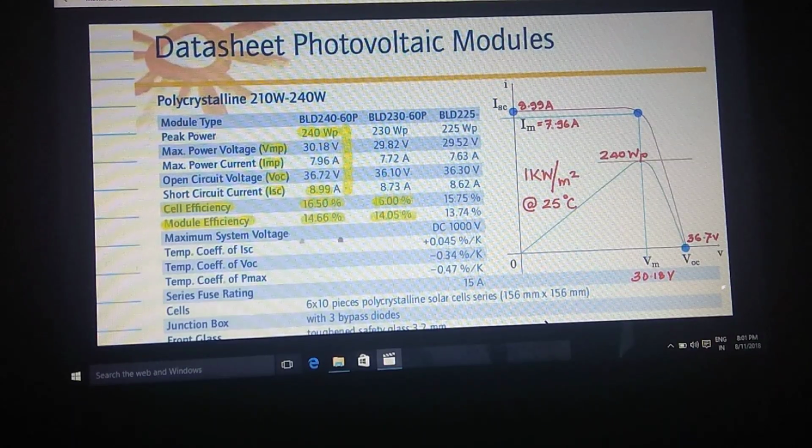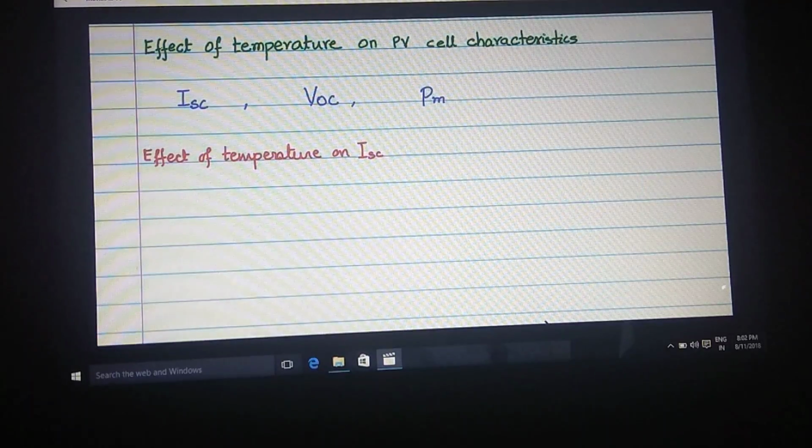So let us study a bit on how these temperature coefficients come about and what is their relationship with respect to temperature. With regard to ISC, we have seen in an earlier clip that ISC is approximately equal to the photocurrent IP.